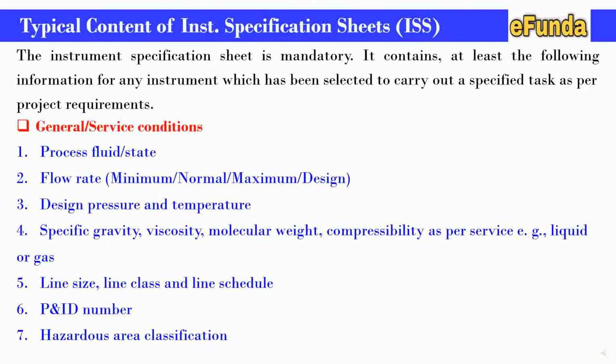This includes process fluid or process state, flow rate, minimum, normal, maximum, and design conditions, design pressure and design temperature, specific gravity, viscosity, molecular weight, compressibility as per service, for example, liquid or a gas, line size, line class, and line schedule, P&ID numbers, hazardous area classification. These are covered under general service conditions.